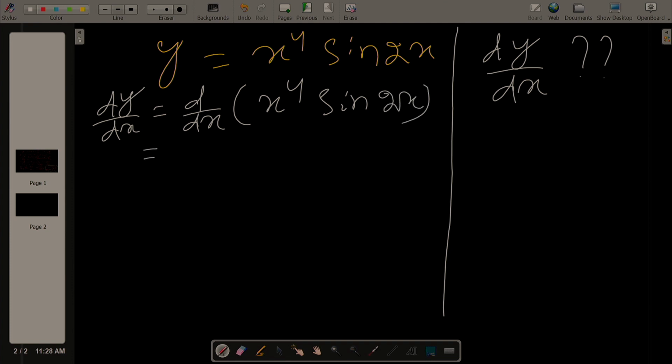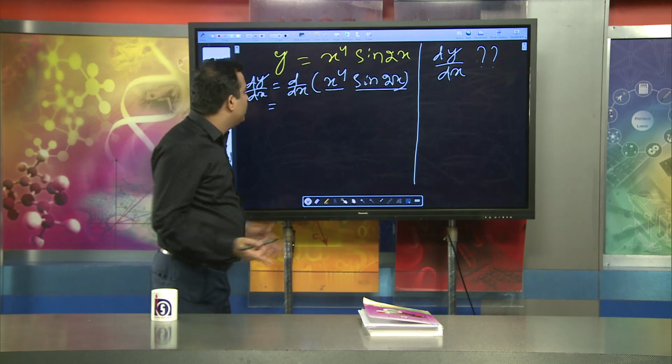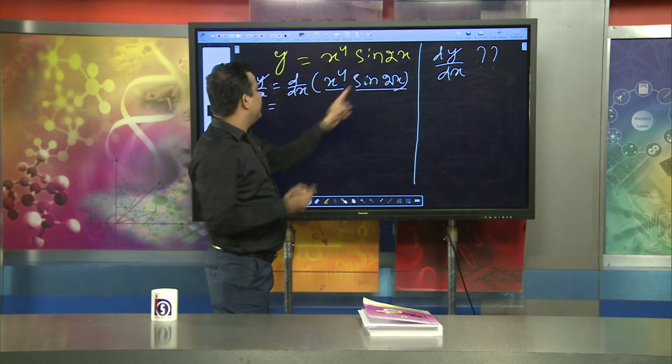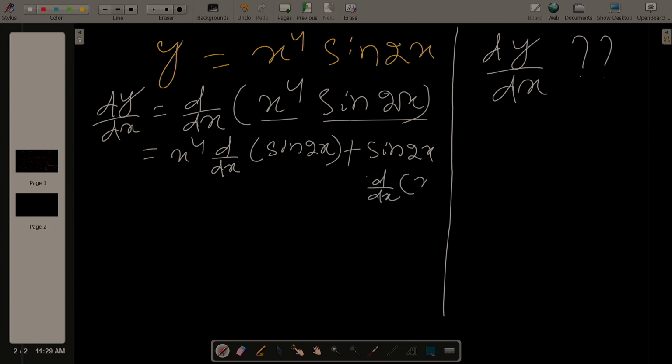Okay. You know that this is nothing but the u into v formula. That means we already know u into v means a multiplication rule, the product rule will be used. That means first into derivative of second, that means first x fourth into derivative of sin 2x, plus sin 2x into derivative of x fourth.